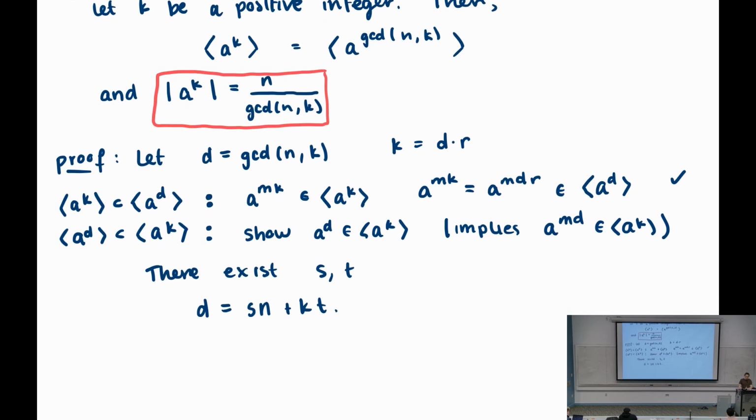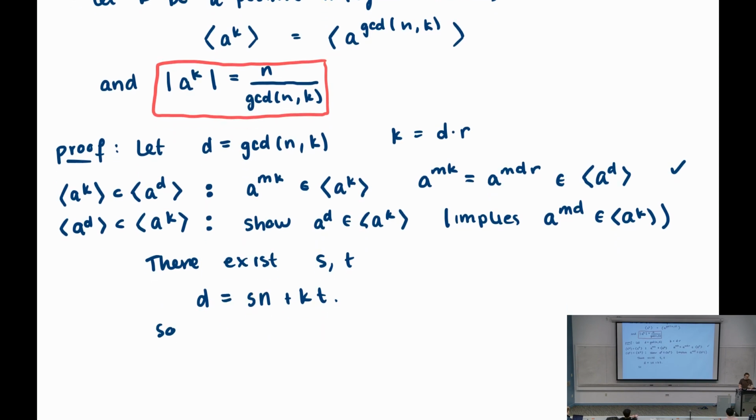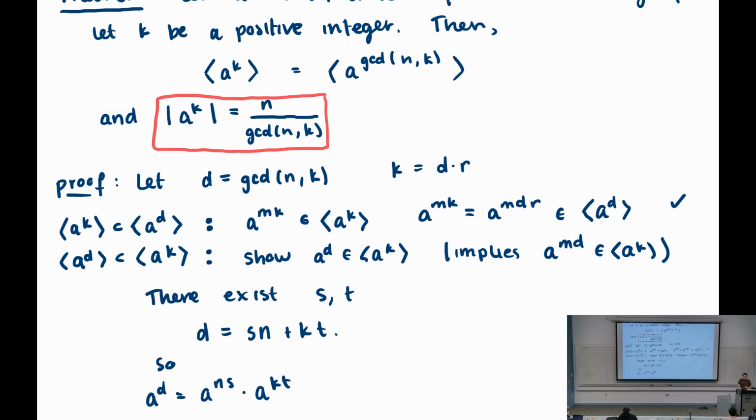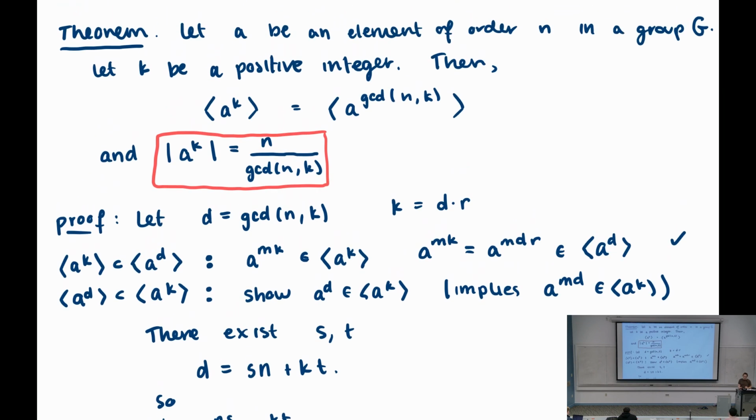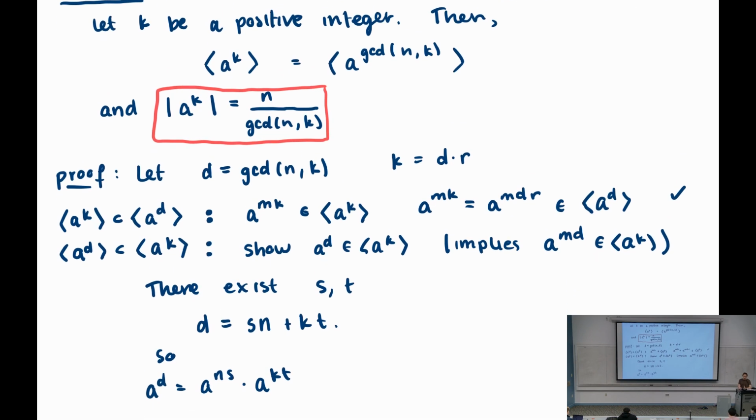Okay, so let's raise A to that power. So A to the D is equal to A to the NS times A to the KT. Okay, but then A to the NS, let's recall N is our order. So A to the N is identity.